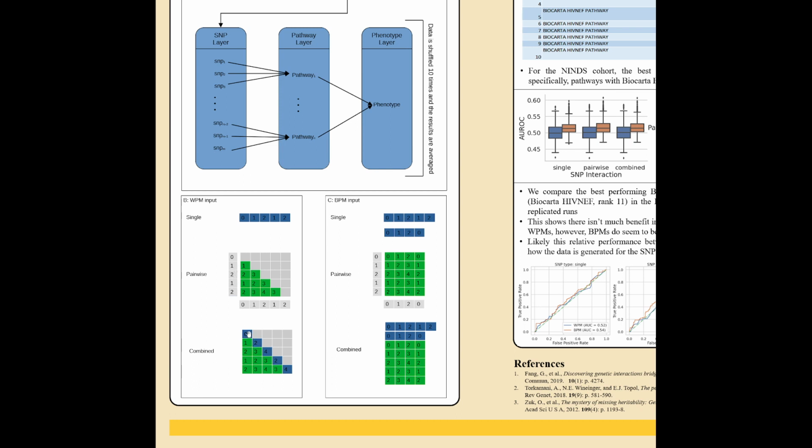For combined, we would use that lower left triangle as well as the diagonal, which corresponds back to the single SNPs and combines the two, single and pairwise, into the combined. For BPM pairwise, we can just use the entire matrix for pairwise combination and also use the SNPs from single and pairwise all as a feature set for a pathway.